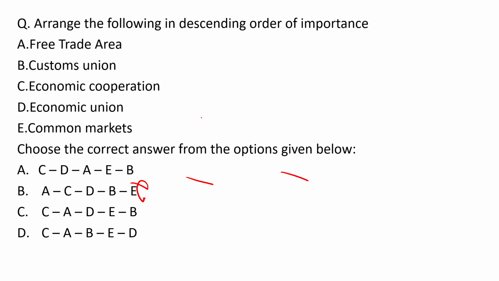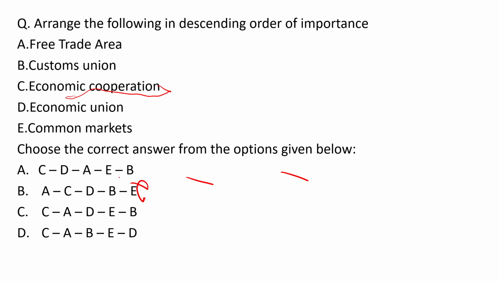Unless there is cooperation, any type of union cannot be formed. This question is from regional economic integration, so try to understand. C is economic cooperation, so C will come anyhow.